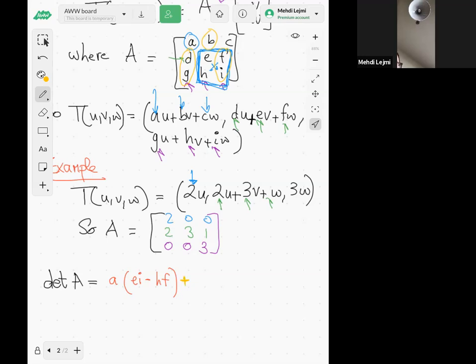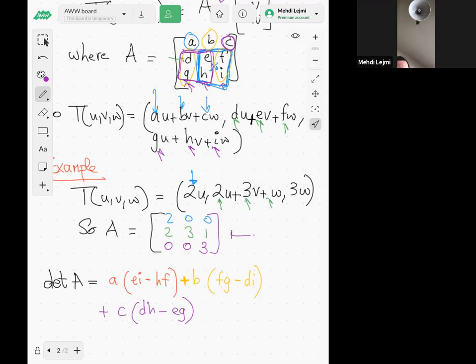So you should have F, G minus DI. And finally, for the last number in the first row, C, you take the matrix D, G, E, H, and cross multiply, so plus C times (DH minus EG). So all I'm saying, guys, is that you can also compute the determinant of a 3 by 3 matrix.